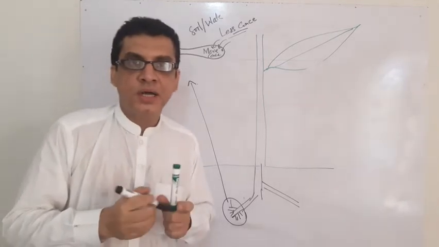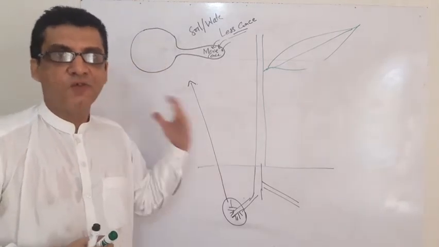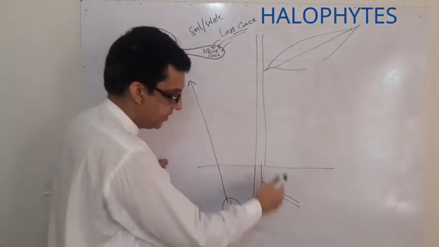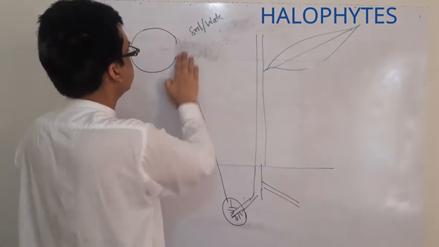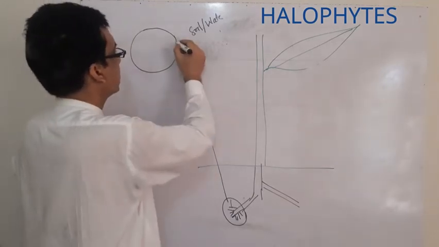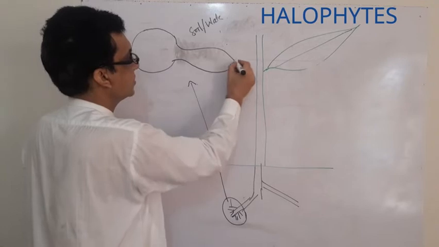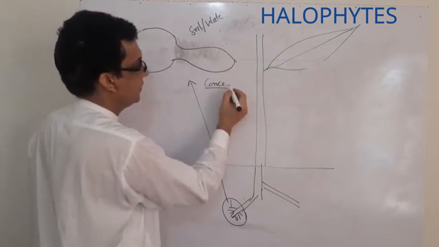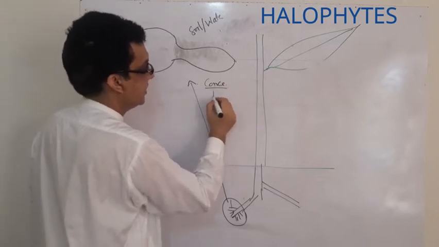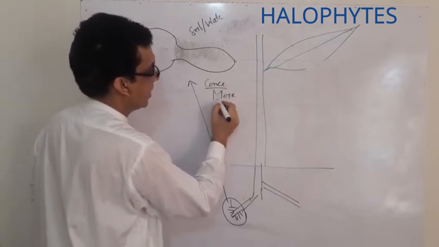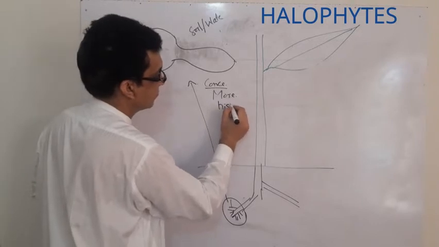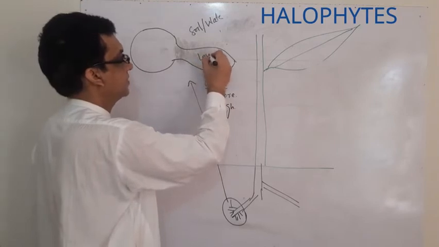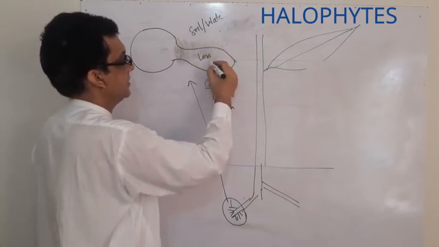But now come toward the topic, halophytes. Halophytes live in such a condition where the case is opposite. The concentration of the solution outside is high as compared to inside, where there is less concentration.